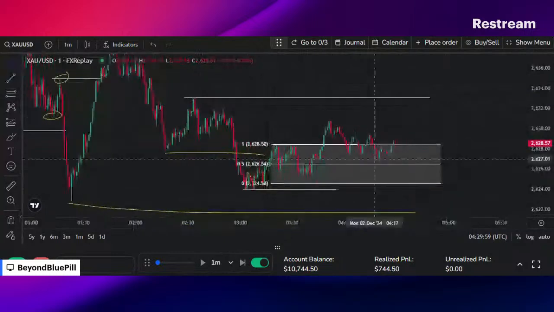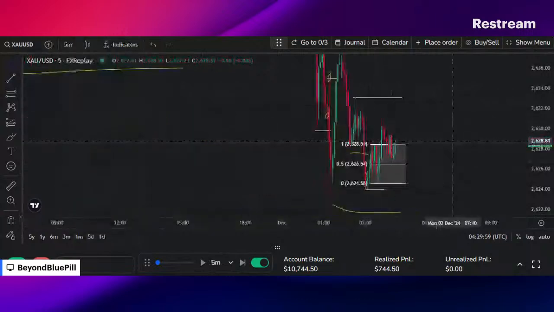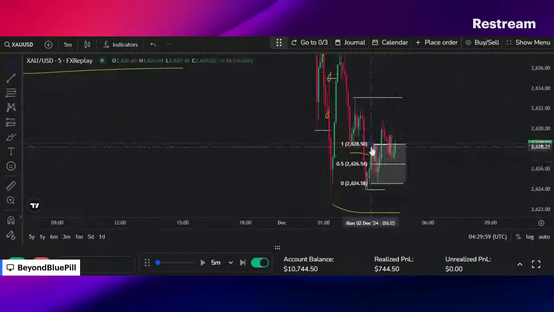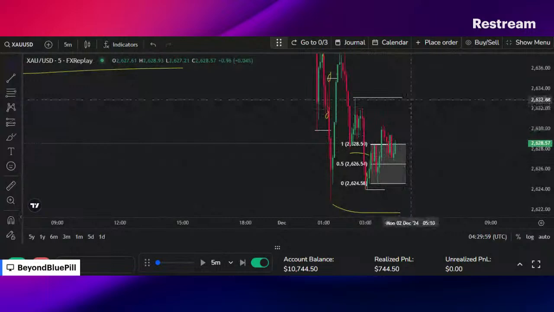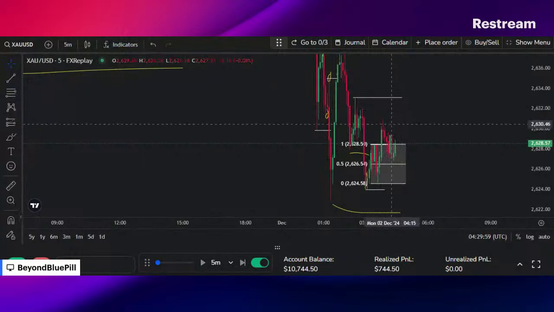Everything is bullish now, right? We had our SNDR. Definitely had a nice sweep there.